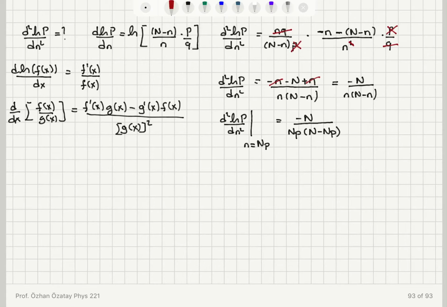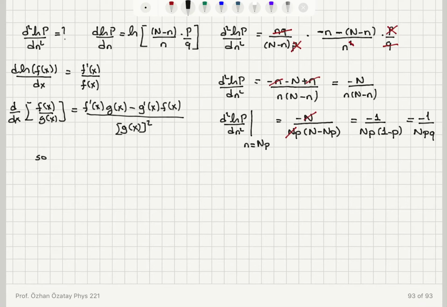So this will get rid of one of the n's here. I will be left with minus 1 over NP, 1 minus p, and we all know what 1 minus p is. It is q. So minus 1 over NPq is the second derivative evaluated at the extremum point.